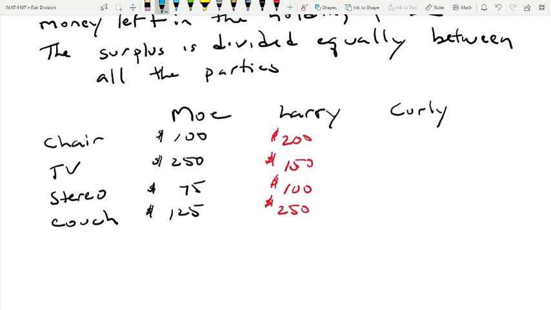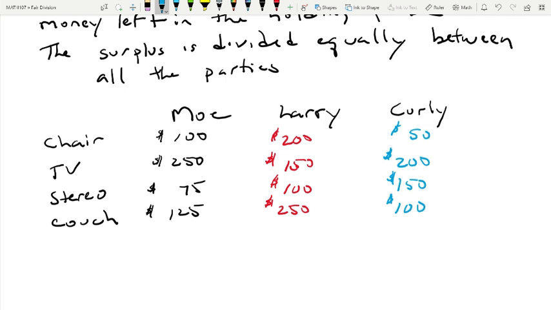And then Curly says the chair is 50, the stereo is 150, the TV is 200, and lastly the couch at 100.